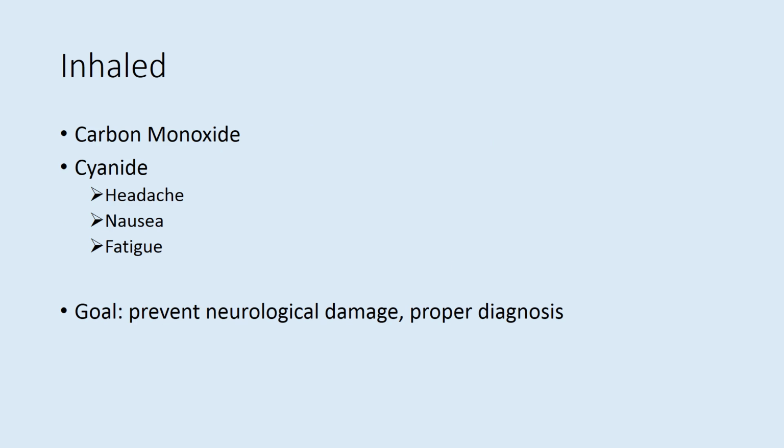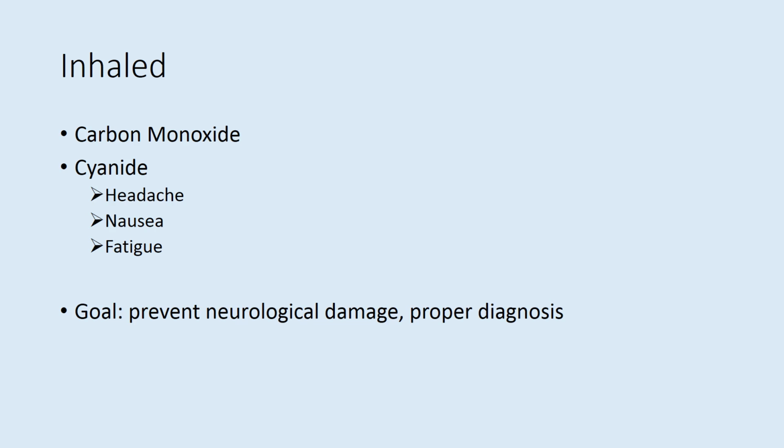Inhaled carbon monoxide and cyanide. Your book actually mentions the cyanide, but it doesn't really go into why that's an issue. Carbon monoxide we always think of in fires, or if they have a wood burning stove, things like that. Carbon monoxide can build up inside and it can cause a poisoning.